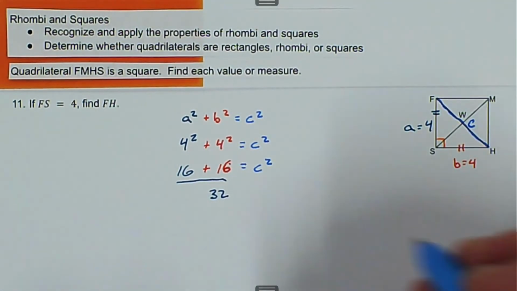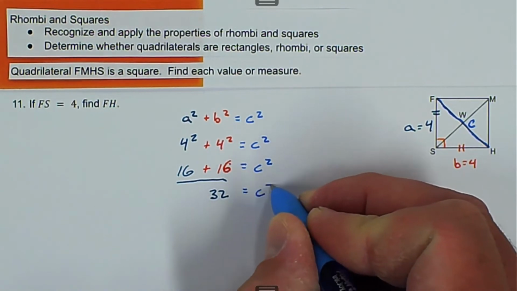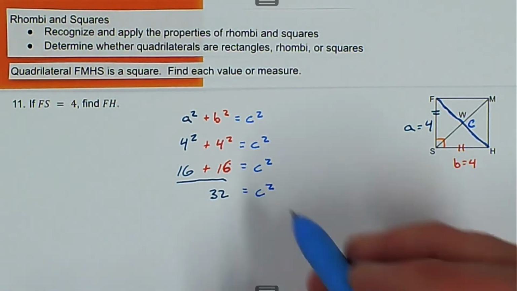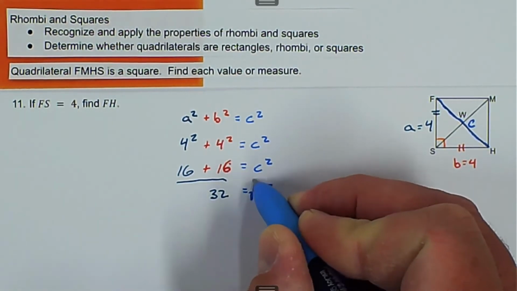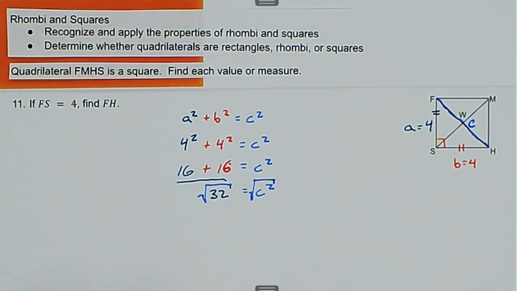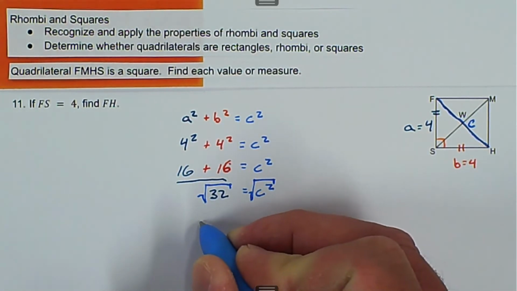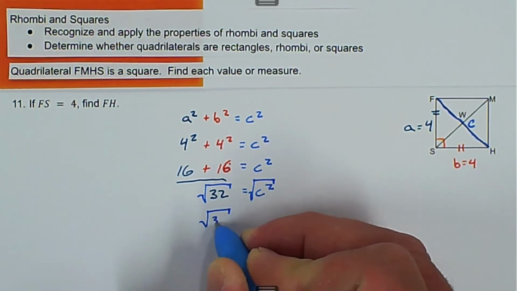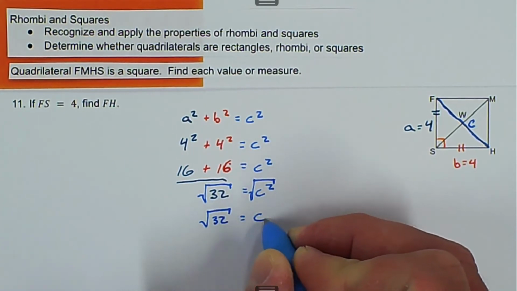That's equal to c squared. And to get the c by itself, we want to take the square root of both sides of the equal sign. And in this case, we're going to get the square root of 32 is equal to c.